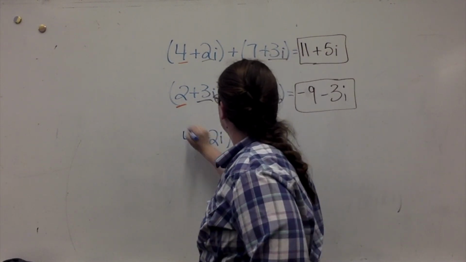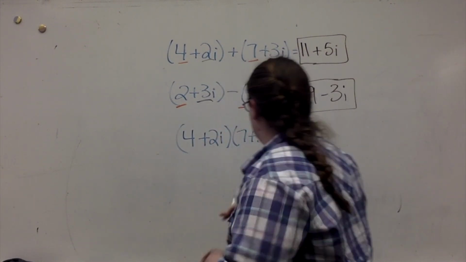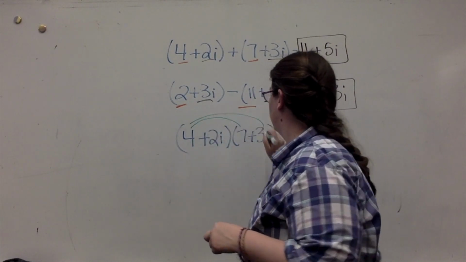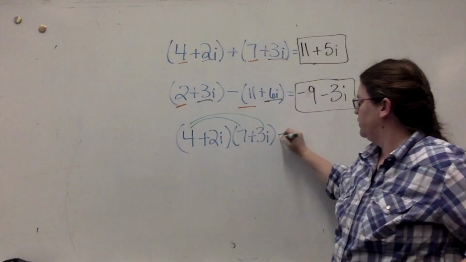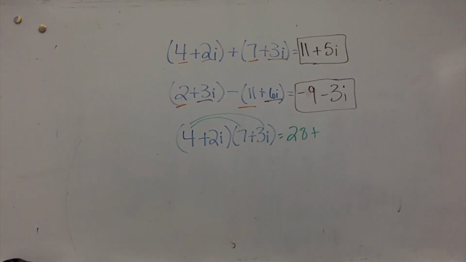Whenever you multiply them, you have to be sure to use the distributive property. And then whenever you have i squared, you substitute -1 in, and then you combine like terms.